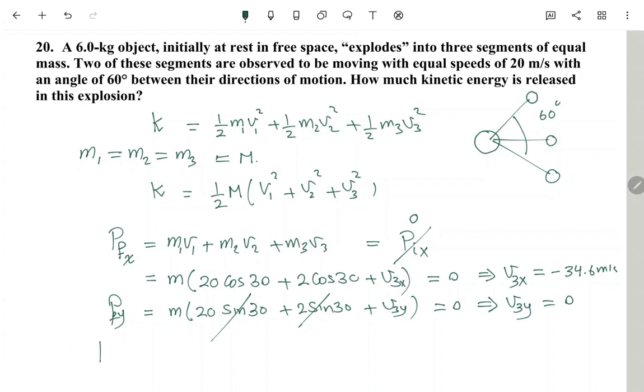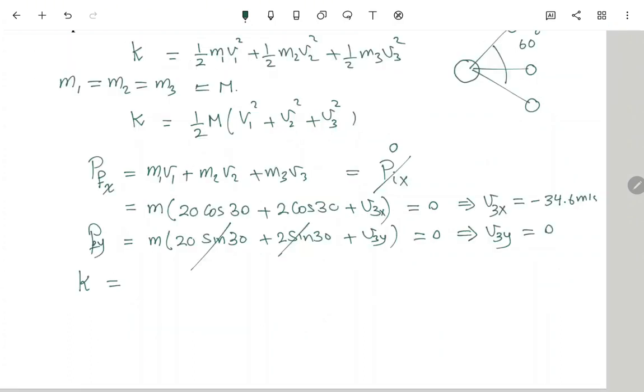Now the kinetic energy is equal to, let's use just this one here, half m.